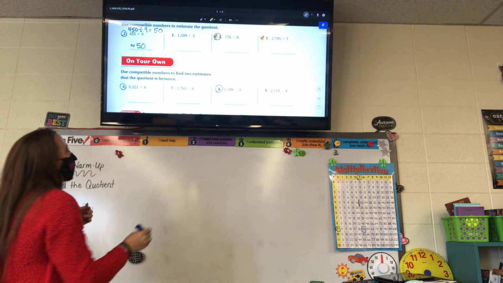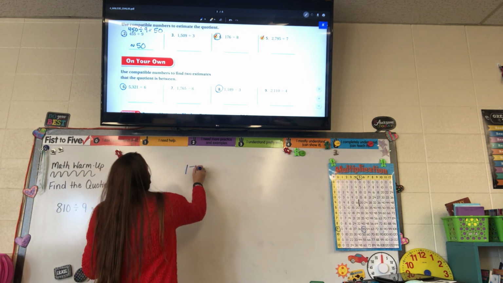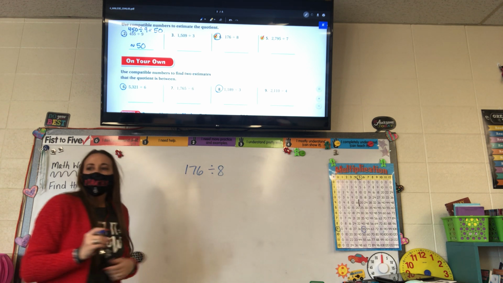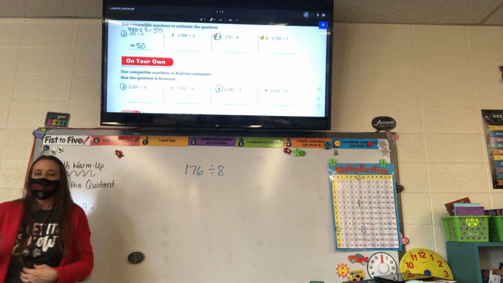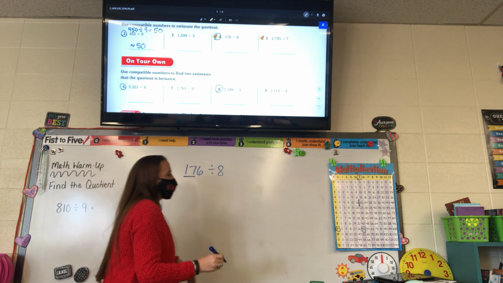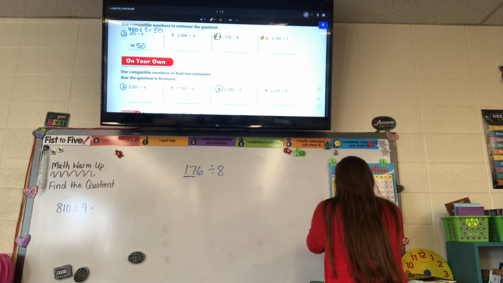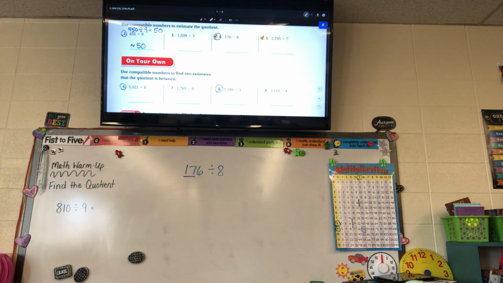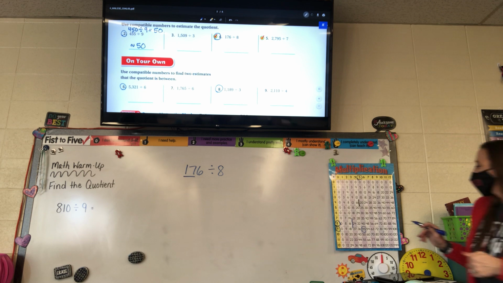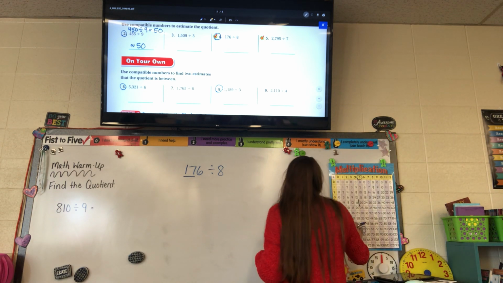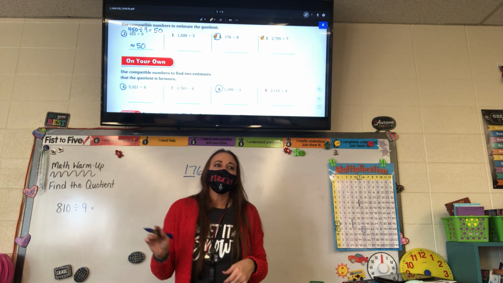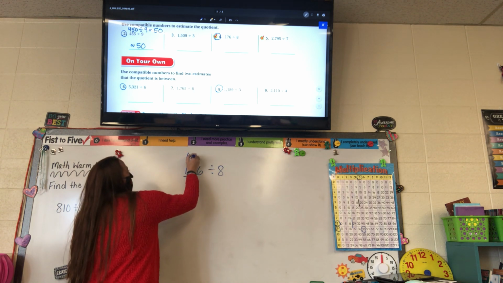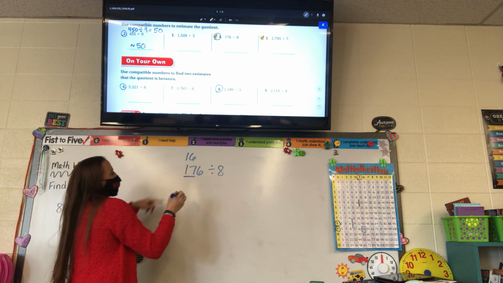Okay, here we go. Number 4. 176 divided by 8. So we start by underlining what? 17. So Sophie, I'm going to go to the 8 row and find where 17 would be. 17 would be right after 16, right? So between 16 and 24. Which is it closer to, 16 or 24? 16, so I'm going to write it up above because 16 is less than 17.